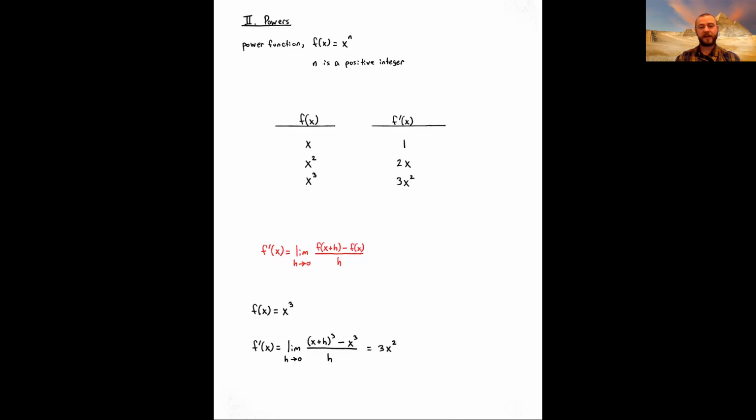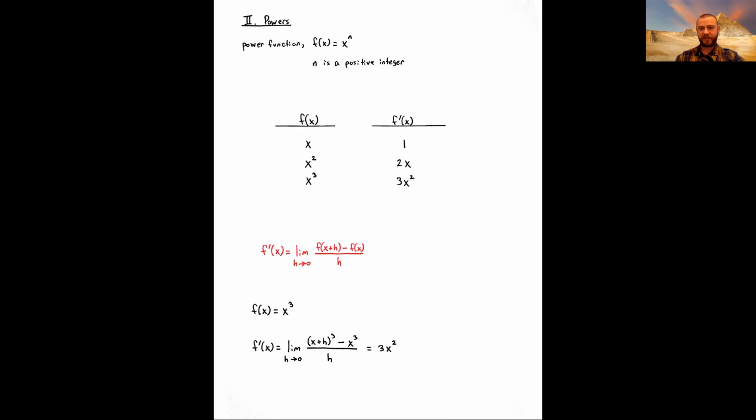Here, if you apply the limit definition to the function f of x equals x cubed, notice it's a lot more work to expand x plus h cubed than it was to FOIL or multiply out x plus h squared in the last example. Now, this is again the kind of limit where, personally, I would not require one of my students to work out the limit definition by hand with anything above a degree 3 polynomial.